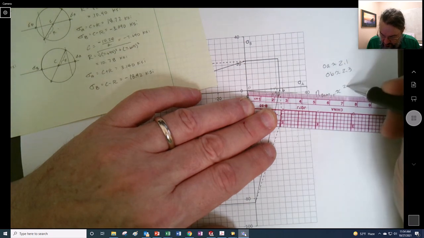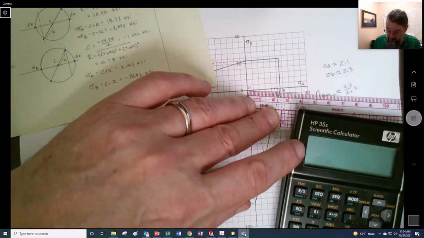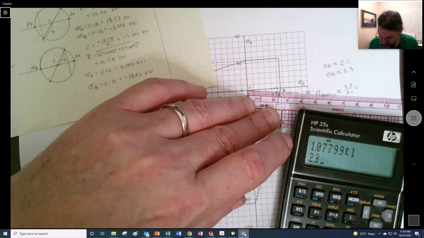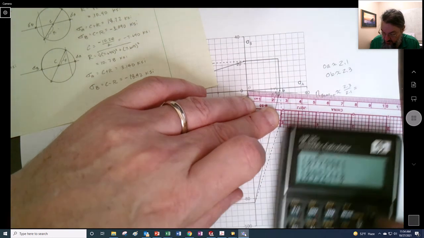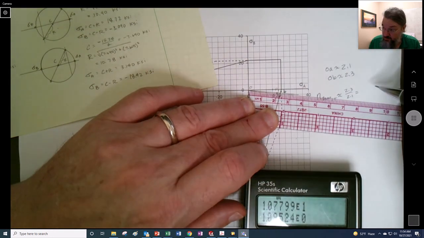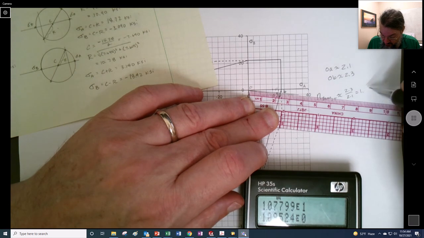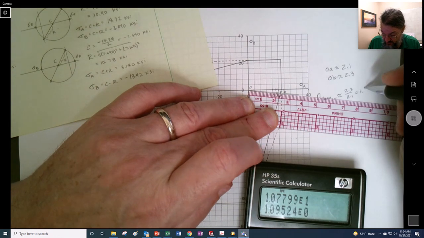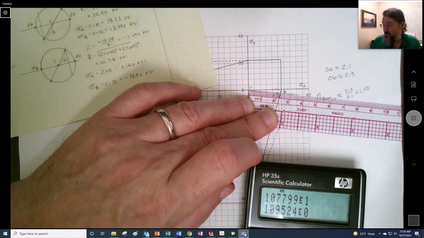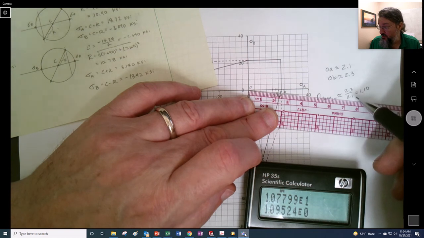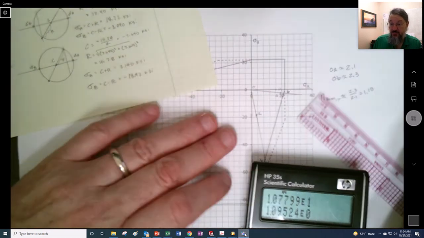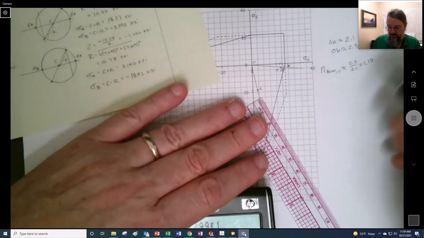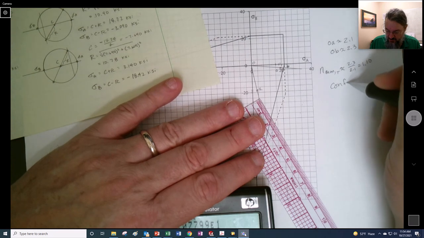So that would be 2.3 over 2.1. What do I get? It's probably not going to be very great. 1.095, right? So 1.10. So there you go. We had 1.13. I'm buying it. Okay, cool. Graphically, confirmed.